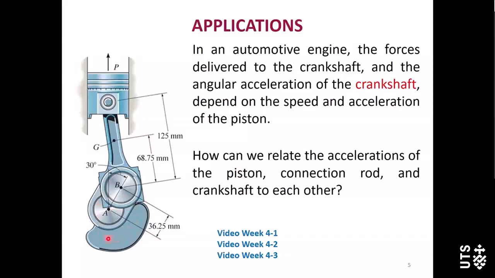This crankshaft is rotating about its fixed axis through point A. The piston is undergoing a rectilinear translation. The connecting rod is undergoing general plane motion. Let me show you the videos.